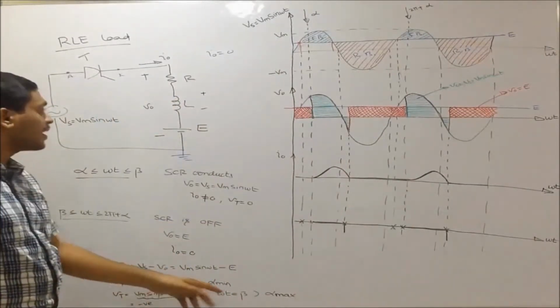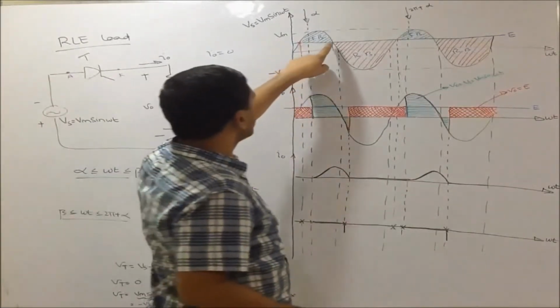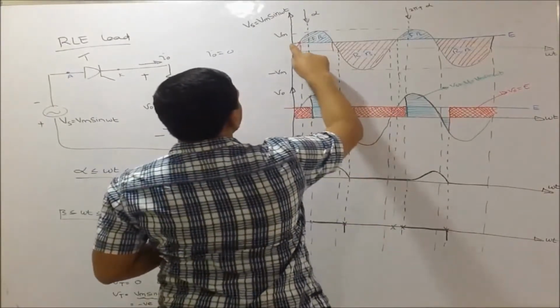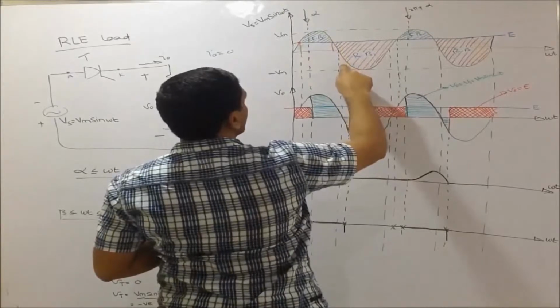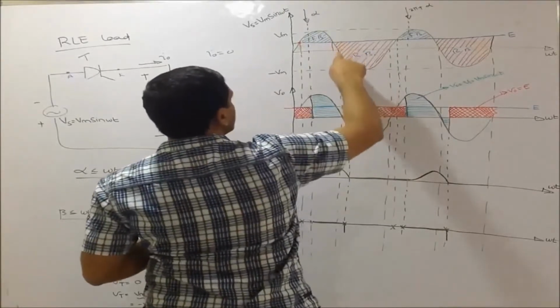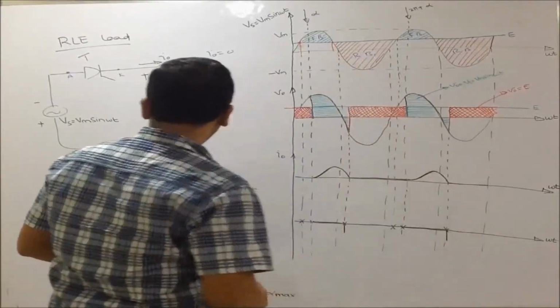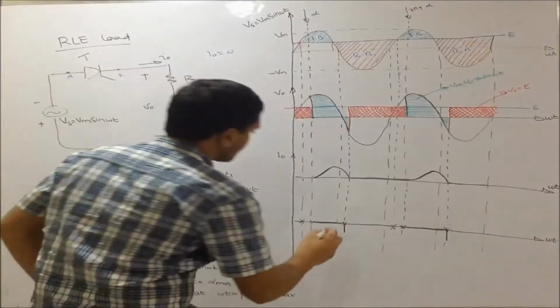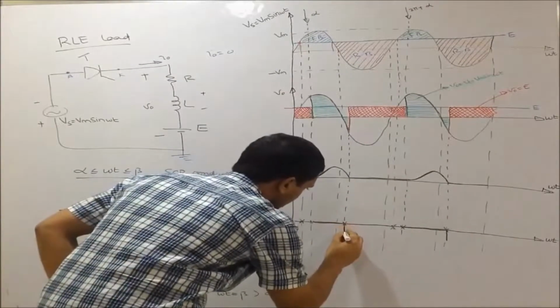Similarly, if I take omega t equal to beta, at this point Vs, that is Vm into sin omega t, is well below the E value. So my Vt becomes very much negative. This can be a very large value.